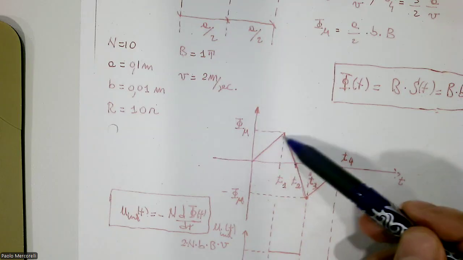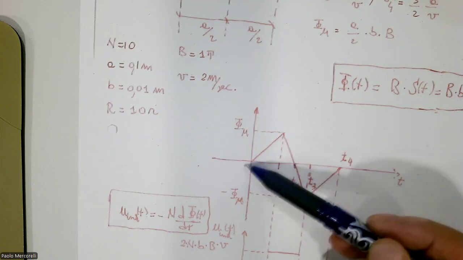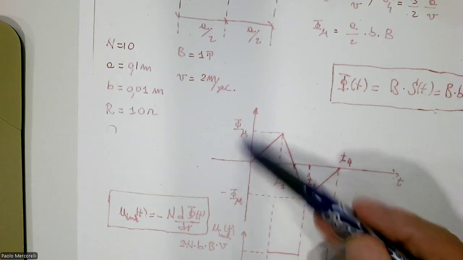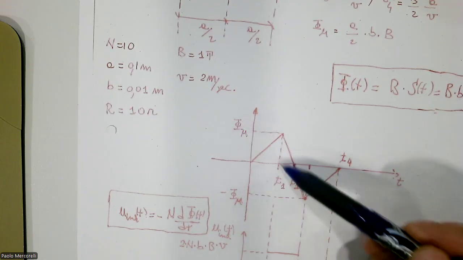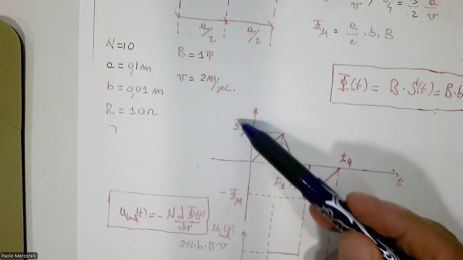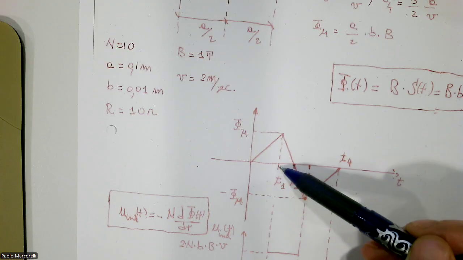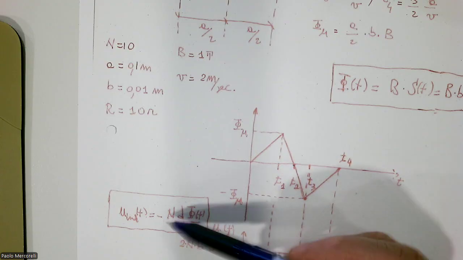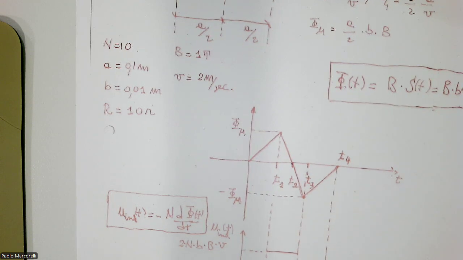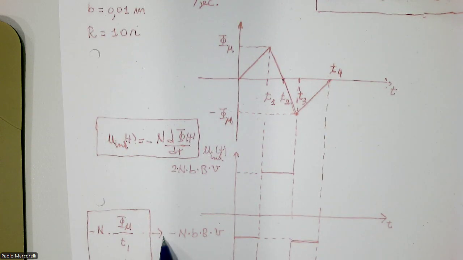If I want to consider the derivative of this part here, because the velocity is constant, the phi is linear, and this is the slope of phi over time. This divided by this. Of course, then I have to multiply by minus n.